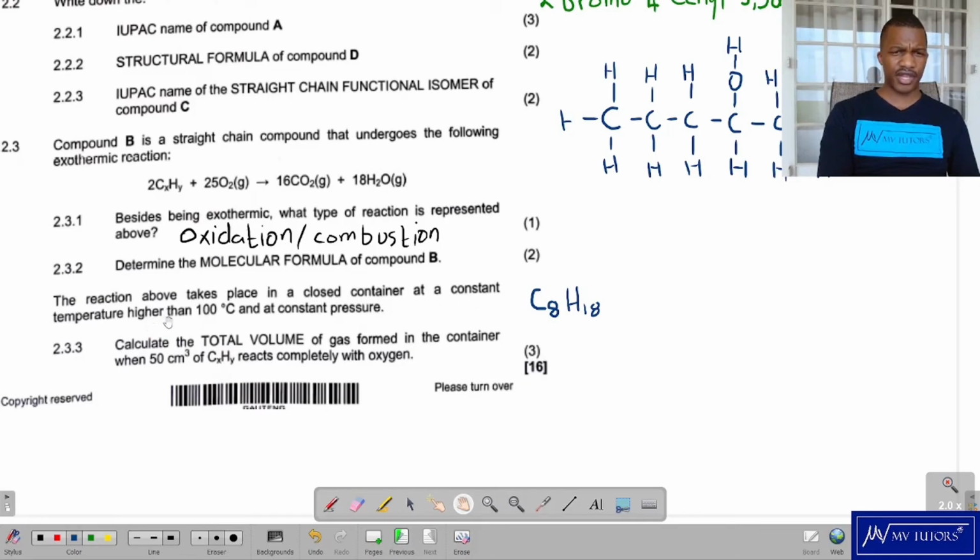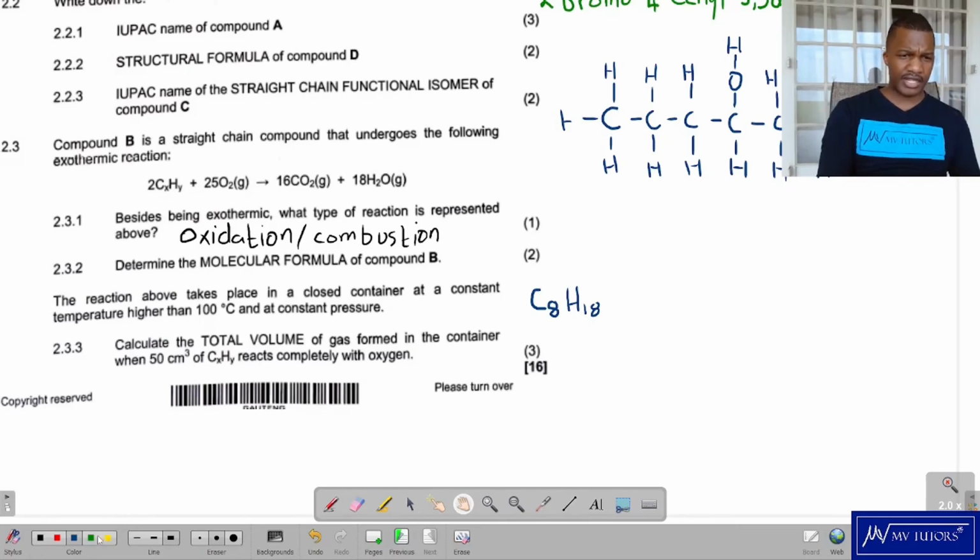Cool. Now moving right along, it says the reaction above takes place in a closed container at a constant temperature higher than 100 degrees Celsius at a constant pressure. Thank you very much for telling us that. Now calculate the total volume of gas formed in the container when 50 centimeter cubed of compound B reacts completely with oxygen. So you need to understand what's going on here.